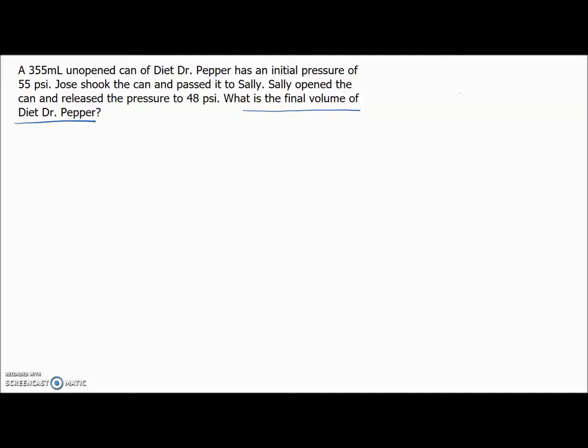So what you want to do is make sure that you identify everything you have. So for Boyle's, again, I know it's pressure and volume. As I'm reading this, I see, okay, I've got V1. It's 355 milliliters. I have an initial pressure of 55 psi, so that's P1.